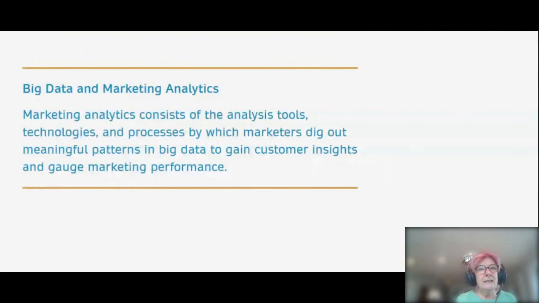Okay, some of this data that the businesses will hold is what we've called big data, and we've talked about this in previous videos, this idea of big data, huge databases of information that now exist about us and about consumers in general and about products. This goes hand in hand with marketing analytics, because data on its own is meaningless.